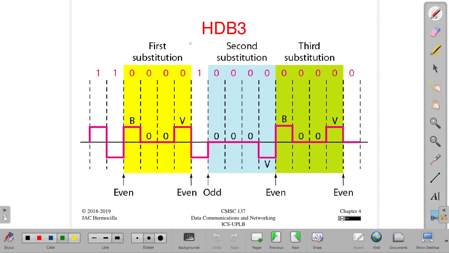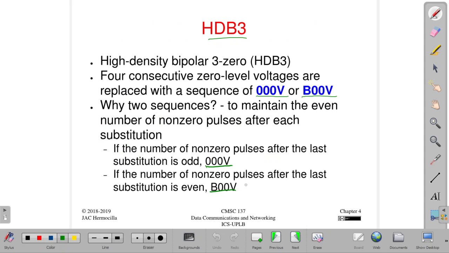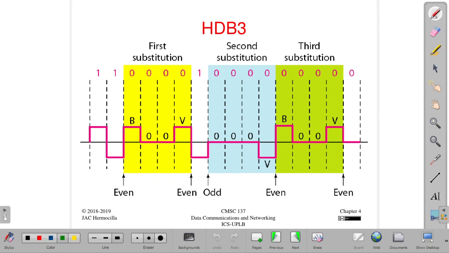So let's take a look. Assuming that we have an even number, here the number of non-zero pulses after the last substitution is even.